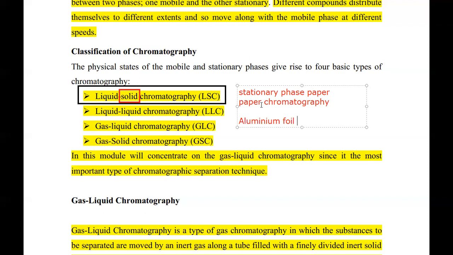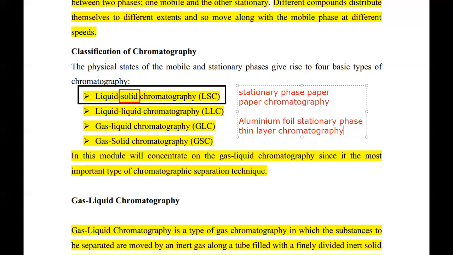So when you have aluminum foil coated with silica gel, being the stationary phase, this is going to be called thin layer chromatography. These are some of the things you need to know: when you use a stationary phase under liquid solid chromatography, if the solid used is paper, we call it paper chromatography. Most of the time, the paper they use is a filter paper.